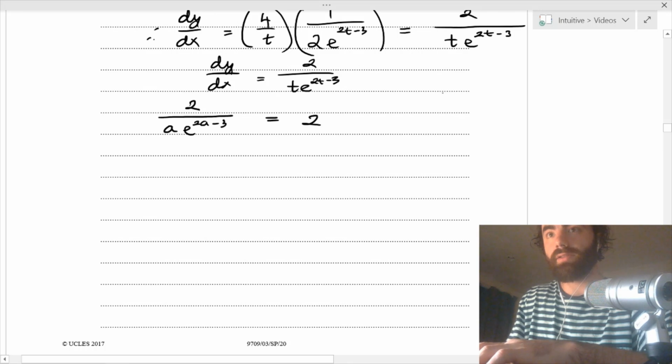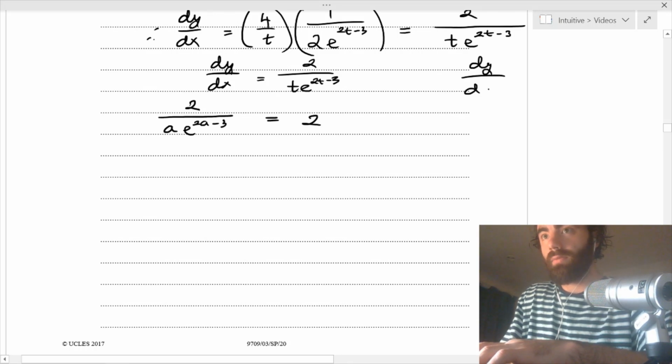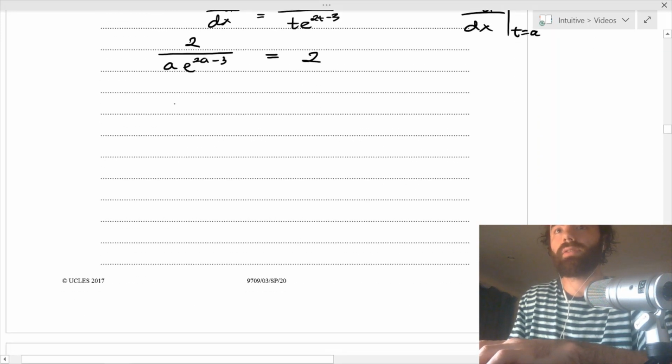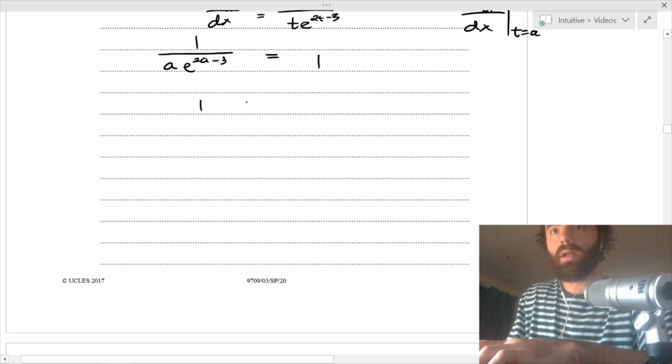All I'm saying is when t equals a, this equals 2. That's all that is. Okay, so now we just rearrange this. The 2's will cancel, so we get 1 equals a e to the 2a minus 3.